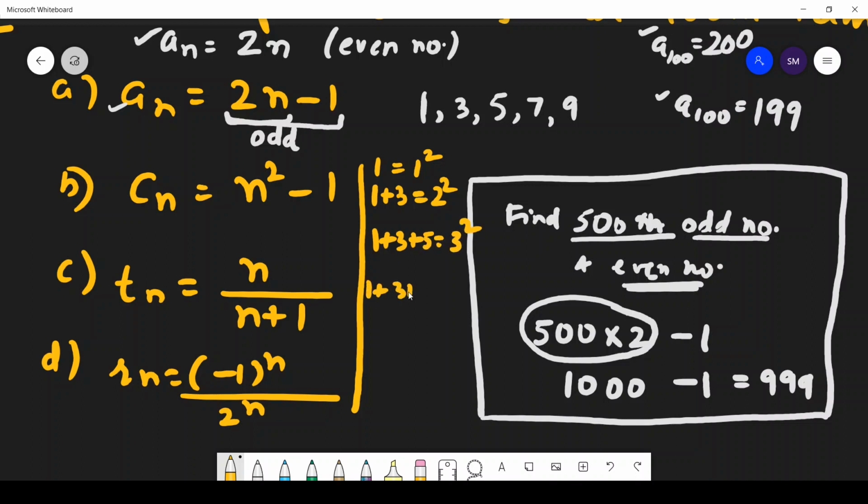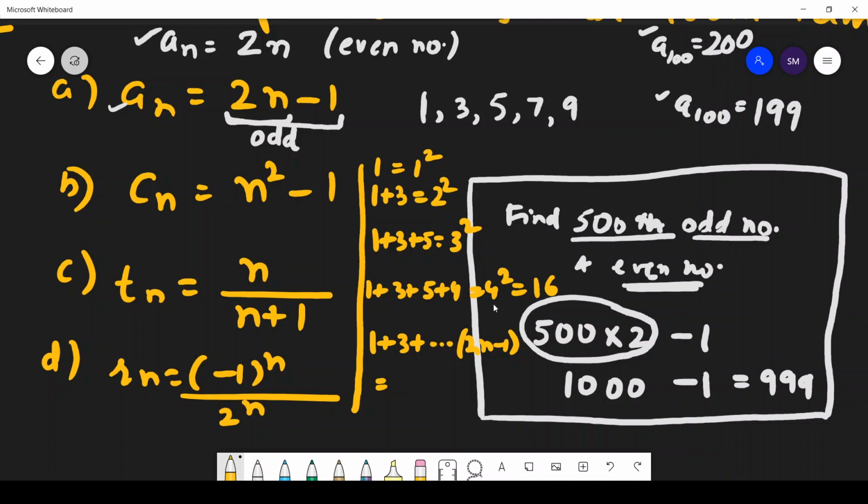The sum of the first 4 odd numbers you will get 4 square, that is 16, and so on. So the sum of first n odd numbers, 2n minus 1. What will be the sum? What is the sum, students? 2n minus 1 whole square.